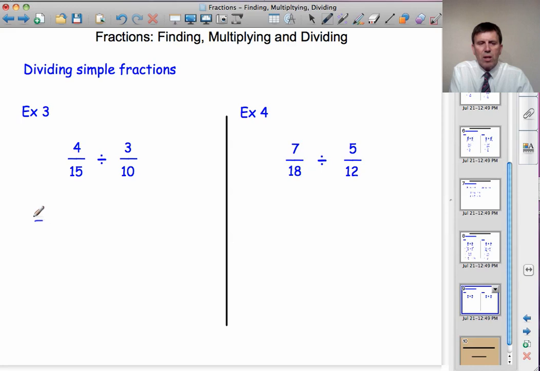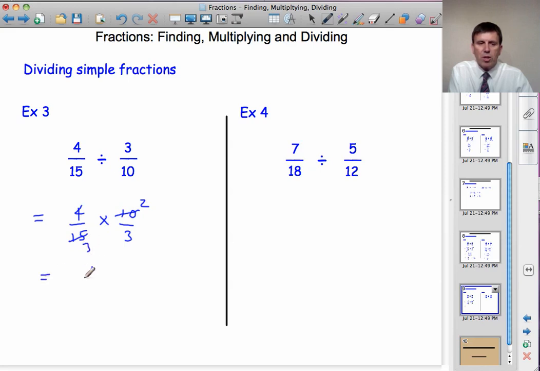4/15 divided by 3/10 is 4/15 multiplied by 10/3. The one we're dividing by gets turned upside down and the problem changes to multiplication. Any cancelling? 10 and 15 will cancel by 5. 5 goes into 10 twice, 5 goes into 15 3 times.